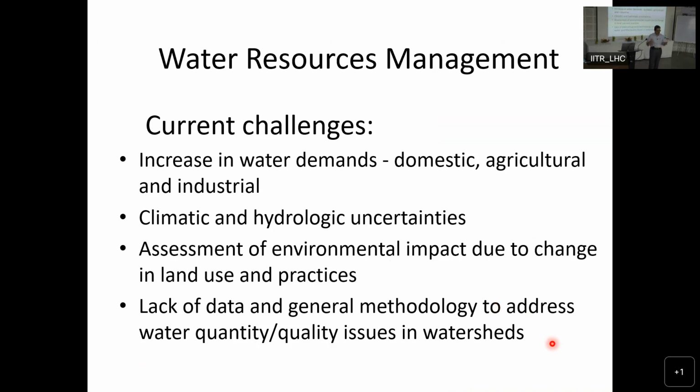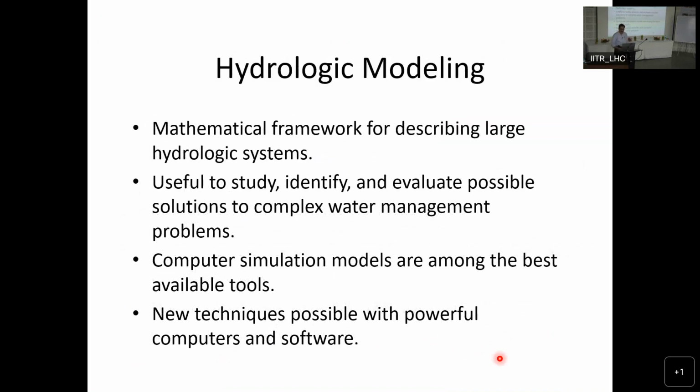We might have very good and complex models, but these models require a lot of data for them to be used at their full potential. That may not be available, okay? And all of these basically plague issues with water quantity and quality. And these challenges, as I said, are not specific to a particular location. I see them all over the world, okay?